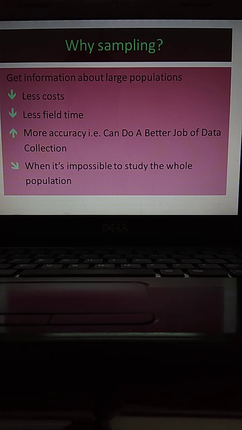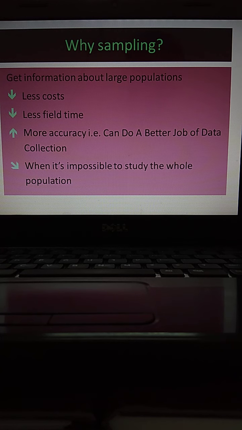Less field time, this is most important. Rather than money, time is more precious to anyone. Through enumeration, that is, if you get information from every unit of the population, it leads to more time consumption.